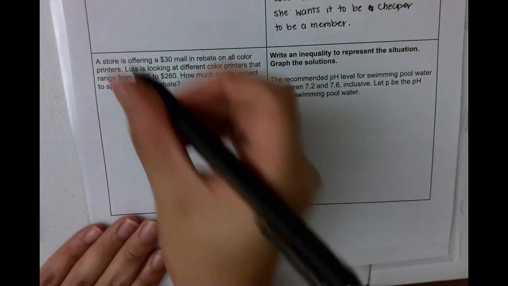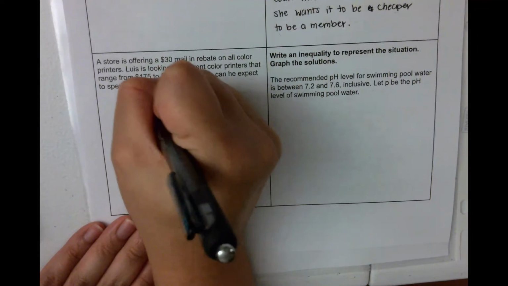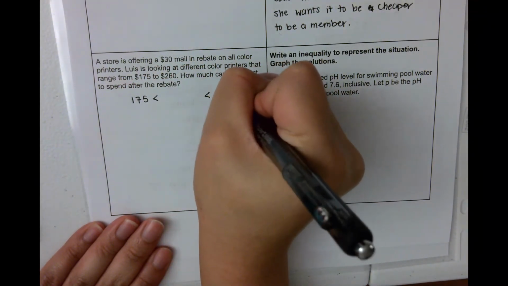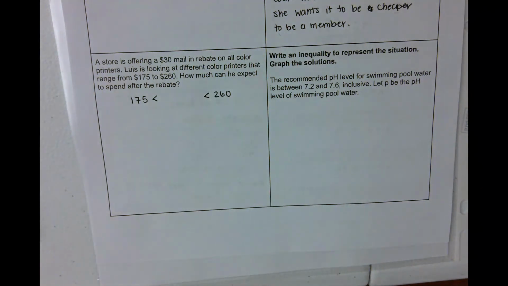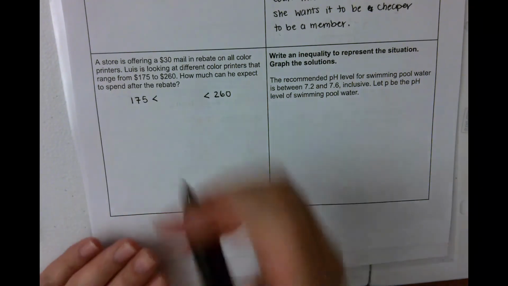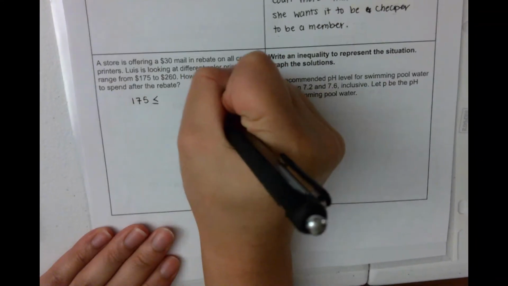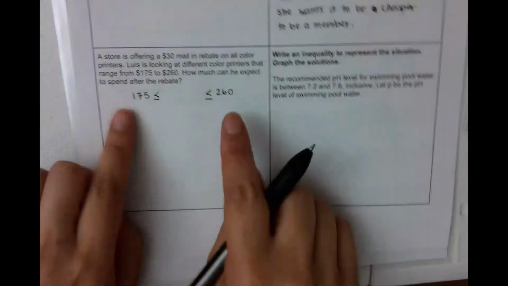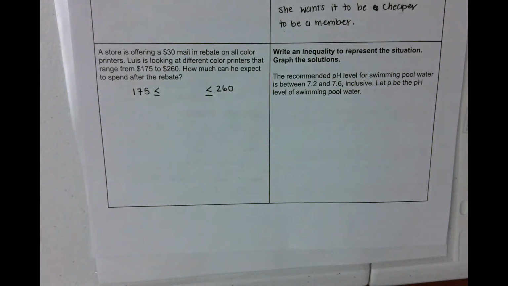Okay, so if we know he's spending between $175 to $260, okay, I'm going to set it up like this. Okay, so those are the prices he's looking at between. Okay.